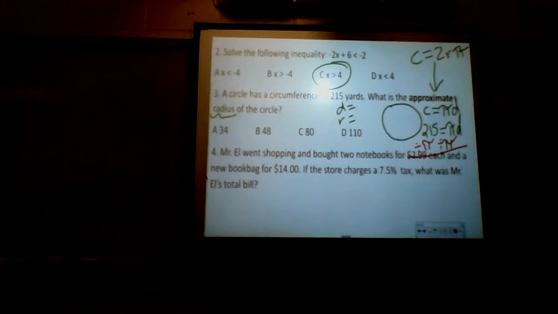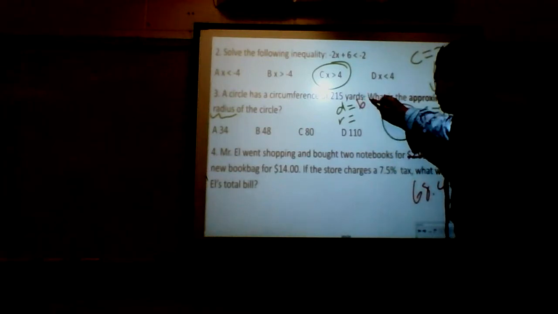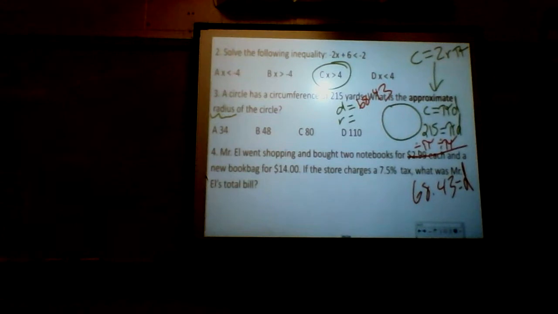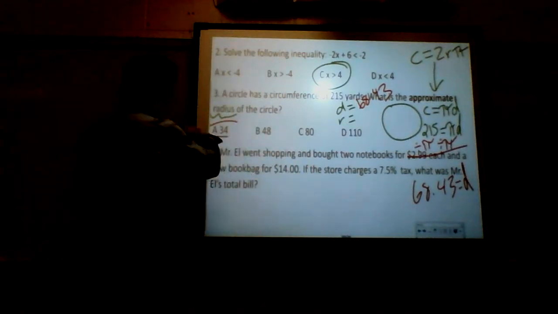Trust the calculator. 215 divided by pi gives me 68.43 equals D for diameter. Now to determine the radius, we have to take half of that. Half of it is 34.2 something, approximately a 34.